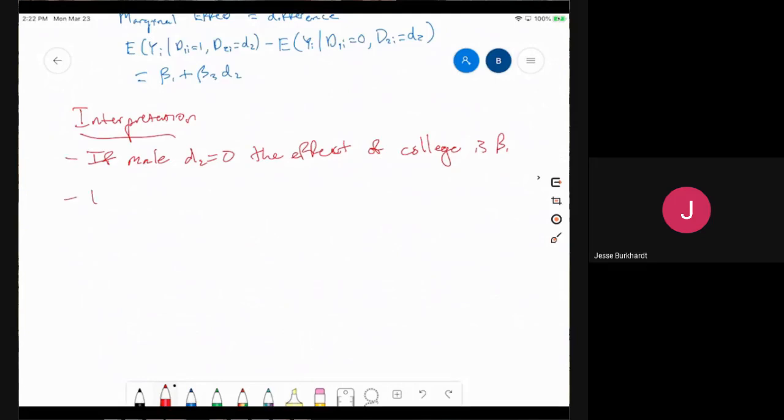If female, d2 equals 1, the effect of college is beta 1 plus beta 3. So beta 3 is then the difference in the effect of acquiring a college degree for women versus men.